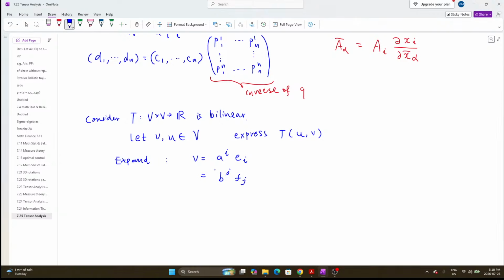So if you use the first expansion, let's express T U V. So what is T U V? T of U, oh no, I need an expansion for U as well. What am I doing?